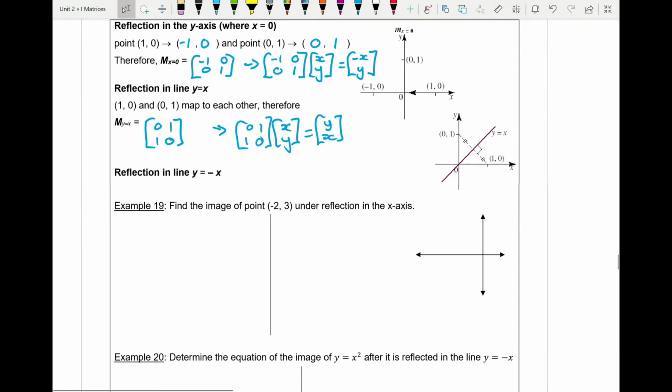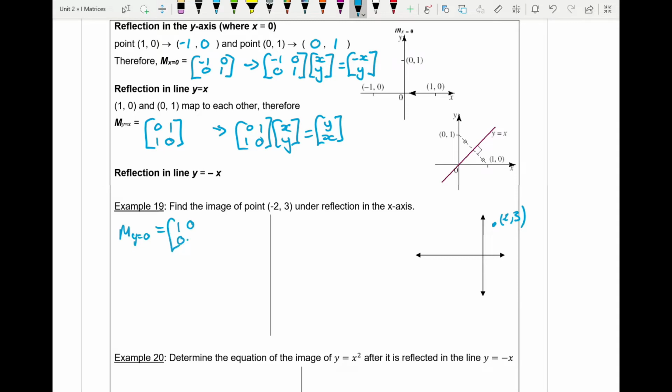In example 19, we're asked to find the image of the point (-2, 3) under reflection in the x-axis. So capital M, y = 0, is equal to (1, 0), (0, -1). We want to find our point P', which is going to be our matrix multiplied by the point we're given.